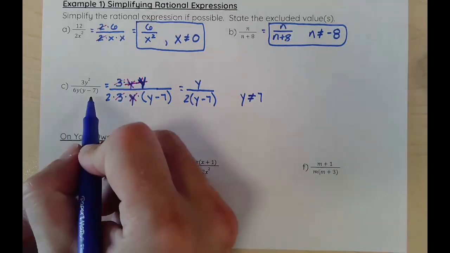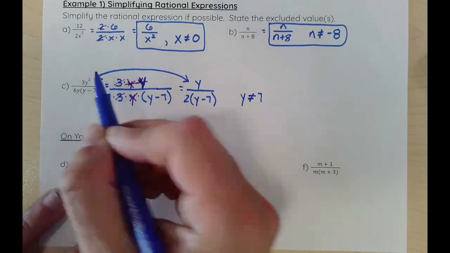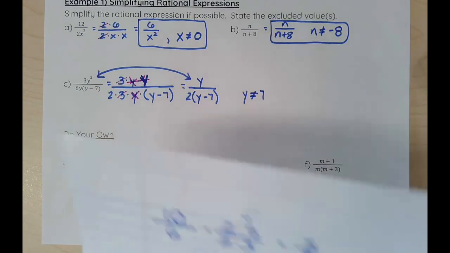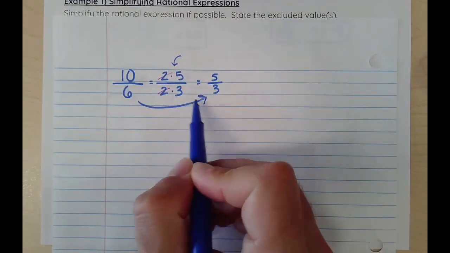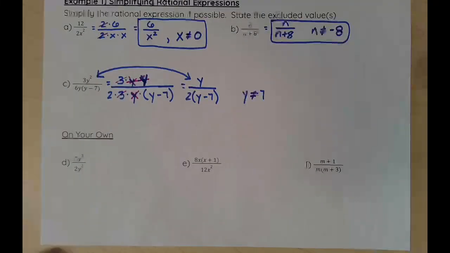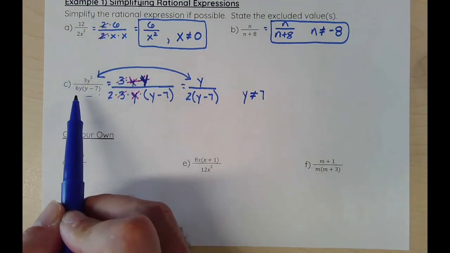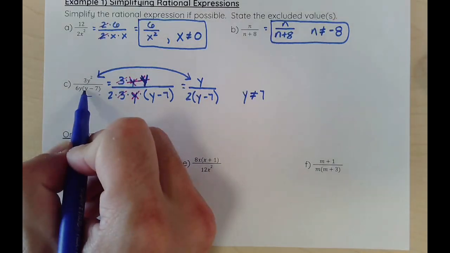But because these two are equivalent rational expressions, just like 10/6 and 5/3 were equivalent, they have the same value, I also have to check the original for any excluded values. So here I have the 7 covered. 7 I know is excluded.